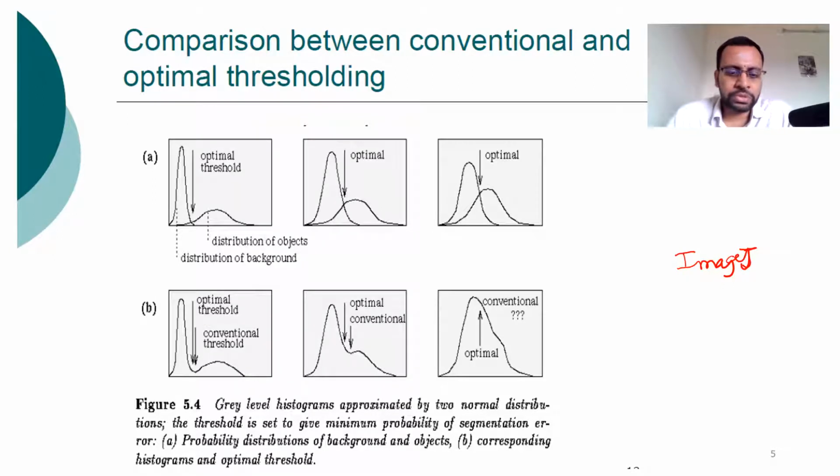Now you have two classes essentially. Look at them as two different distributions with different mean values and variance values. Let's say one distribution is like this, be it either background or foreground.